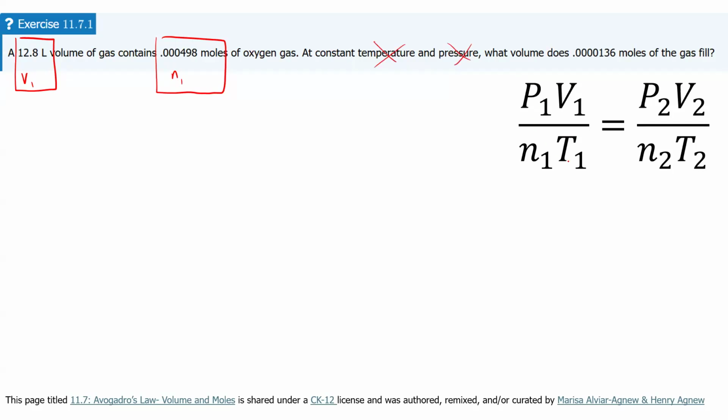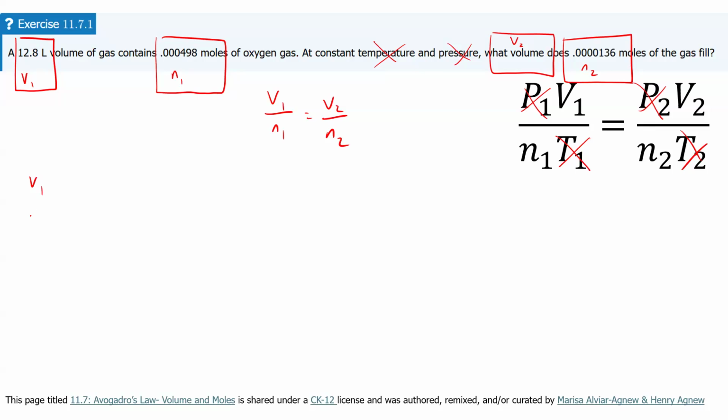If temperature and pressure are the same, we don't use those. V1 over N1 equals V2 over N2. This here is N2. We're looking for volume. This is what volume? V1, N1, V2, N2.